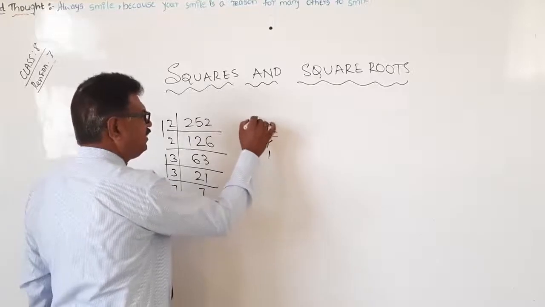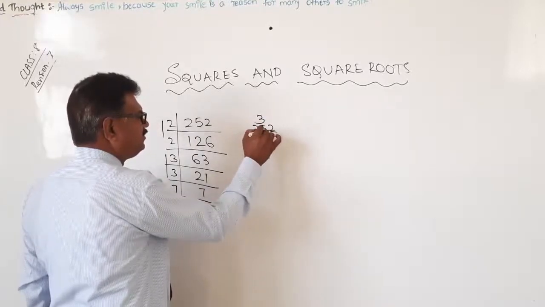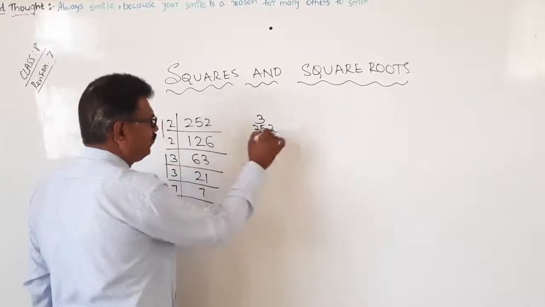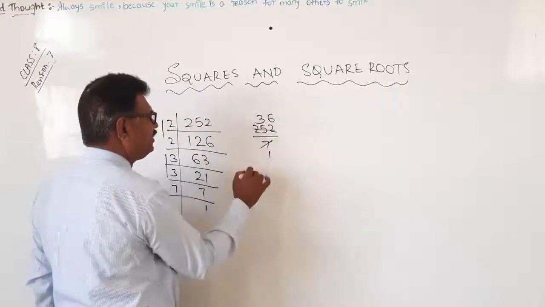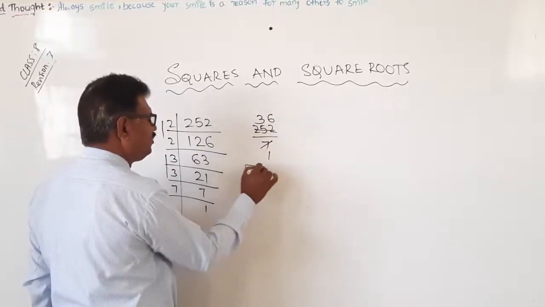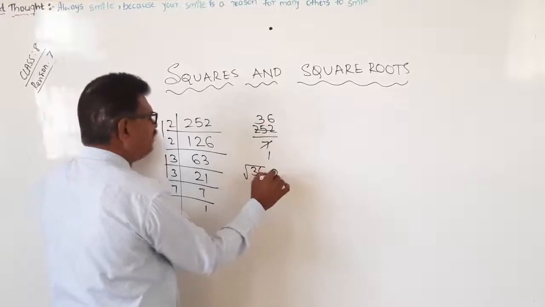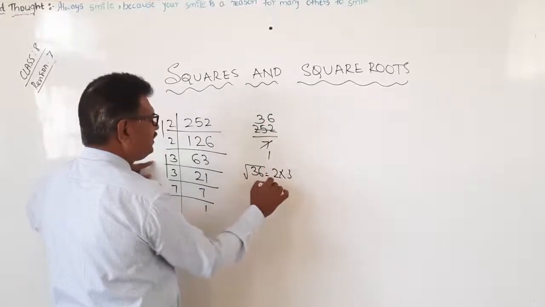Now very simple. 7 ones are 7, 7 threes are 21, 42, 7 sixes. Therefore 36. Square root of 36 is how much? Here 1 2 into 1 3. It is nothing but equal to 6.